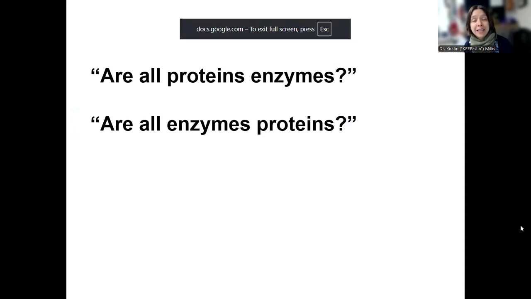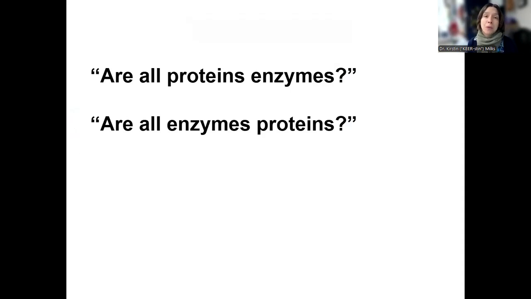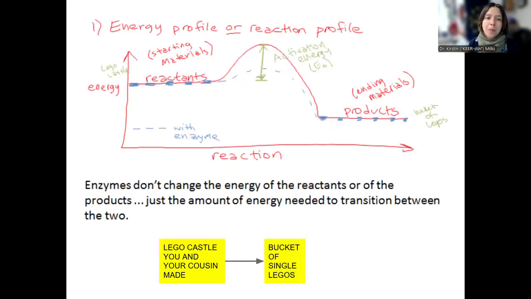Are all proteins enzymes? No, some of them are structural proteins, making sure that, for example, cells stay in the same place in an organ. Are all enzymes proteins? No, you've already done the RNA world experiment, and so you know that there are RNAs that are capable of being a catalyst. But for your purposes, when we talk about enzymes, we are talking about proteins.